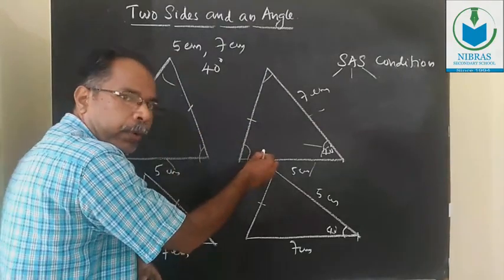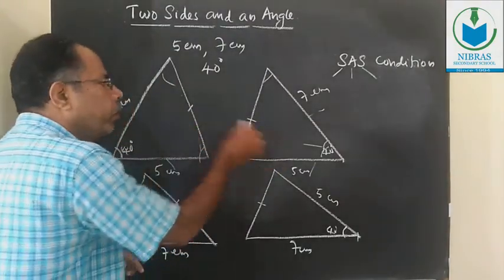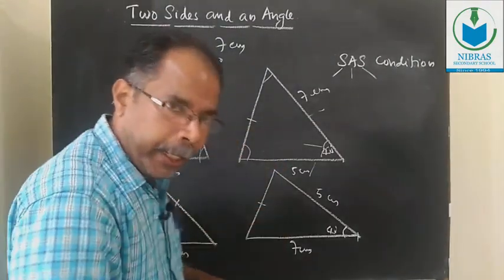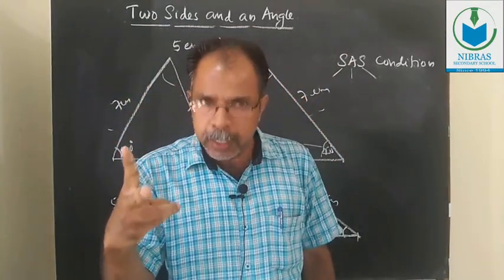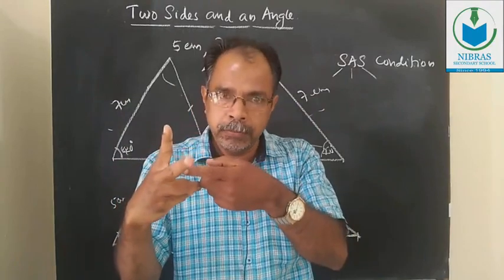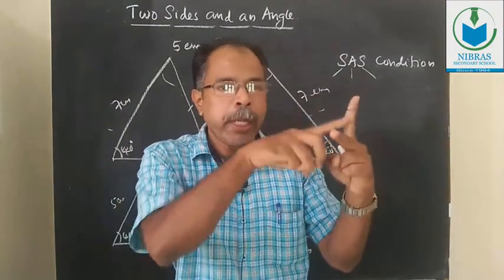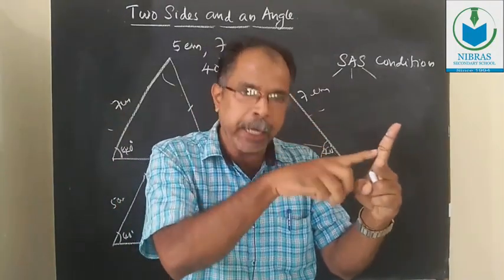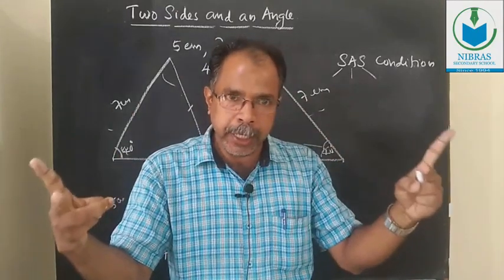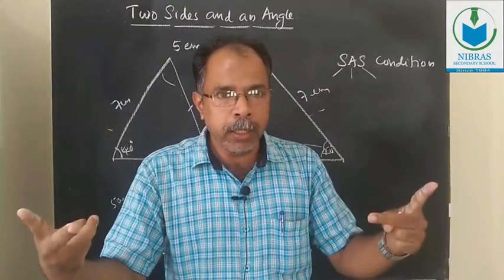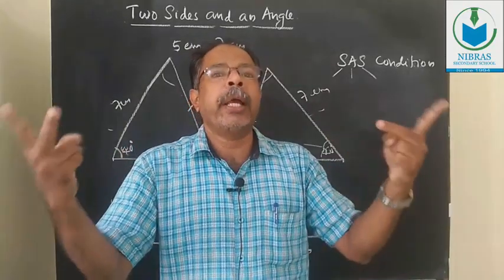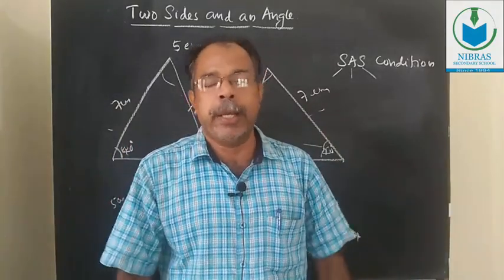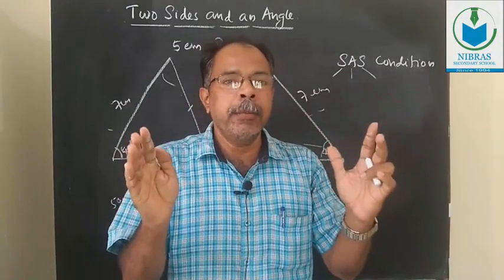And third, the two triangles are equal triangles. This is the second point.